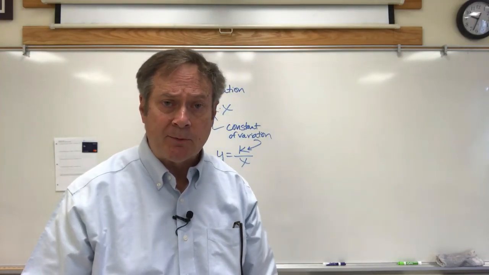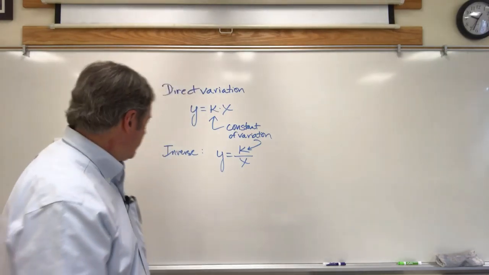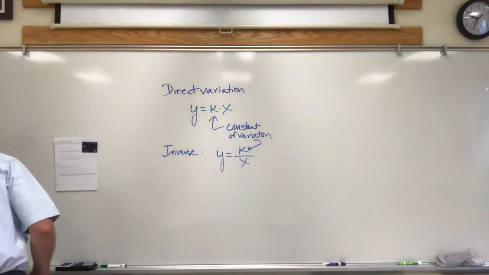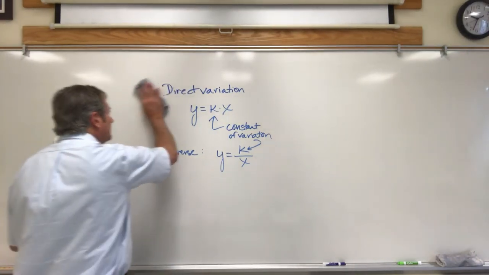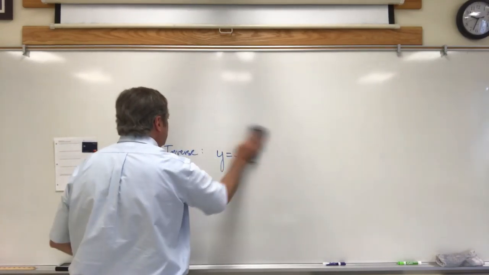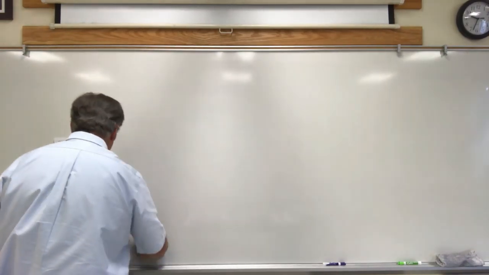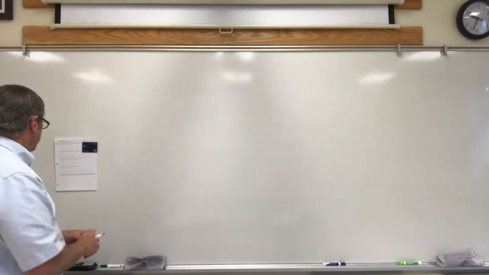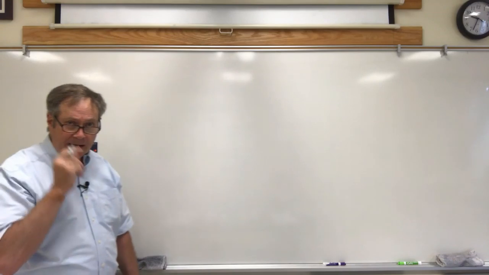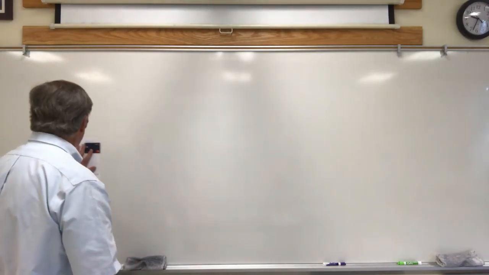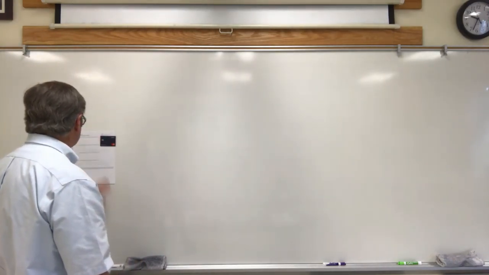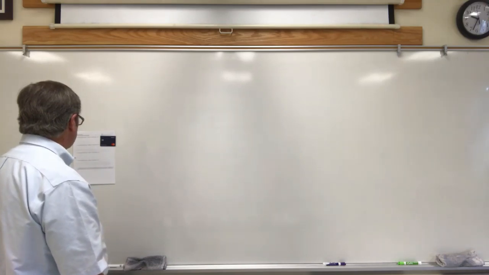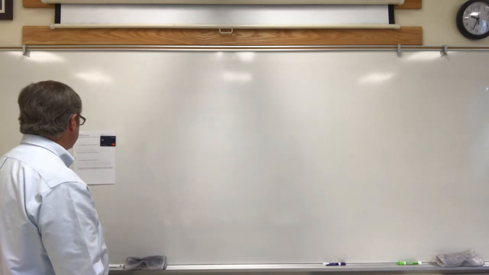So if you look at example 1 on your notes, and we read that as y varies directly with x, and y is 15 when x is 3, find y when x is 12.